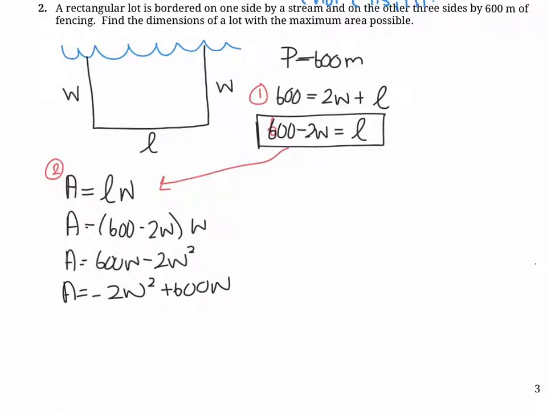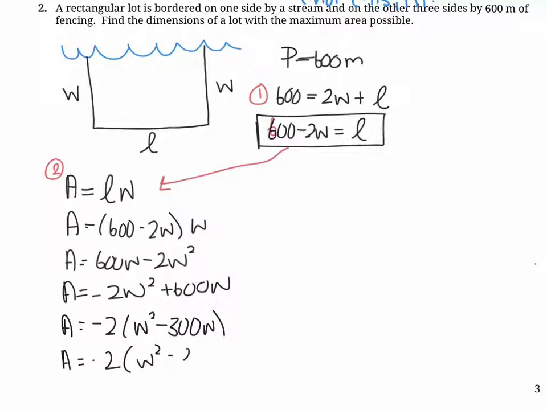So you could do two things. You could complete the square here, or you could factor, find the zeros, then find the axis of symmetry and plug it in. Whichever way you want to do it is perfectly fine. I'm going to complete the square just so that we change it up a little bit. So I'm going to factor out a -2 out of the first two terms, just like that.